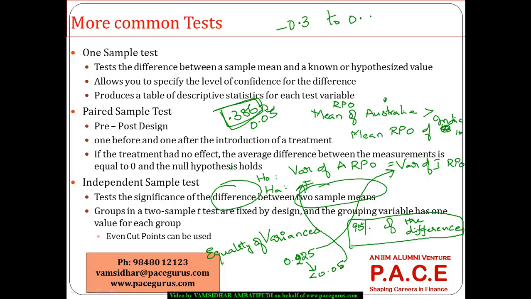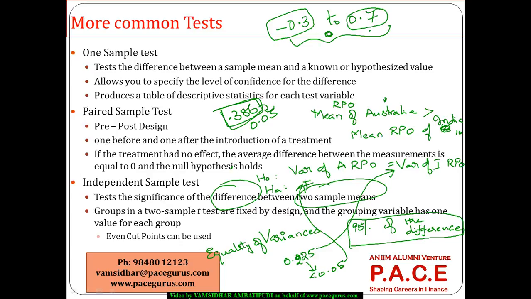So there is a 95% confidence that the difference in the averages between the two countries can lie anywhere between minus 0.3 and plus 0.7, and because 0 is also present, we cannot reject the statement regarding the equality of the means.